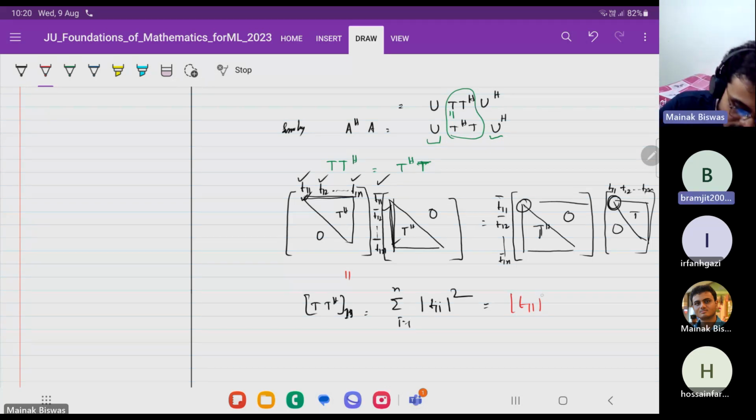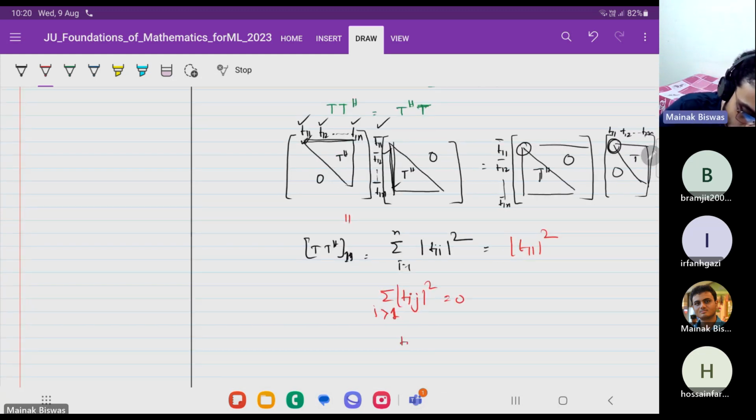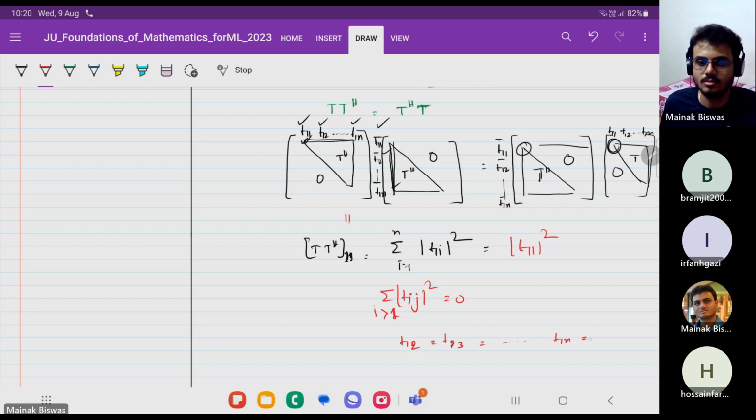Correct. So you see T1j square for j greater than 1 is 0. So do you see T12 equal to T13 equal to dot dot dot T1n equal to 0? Do you see that? Yes.